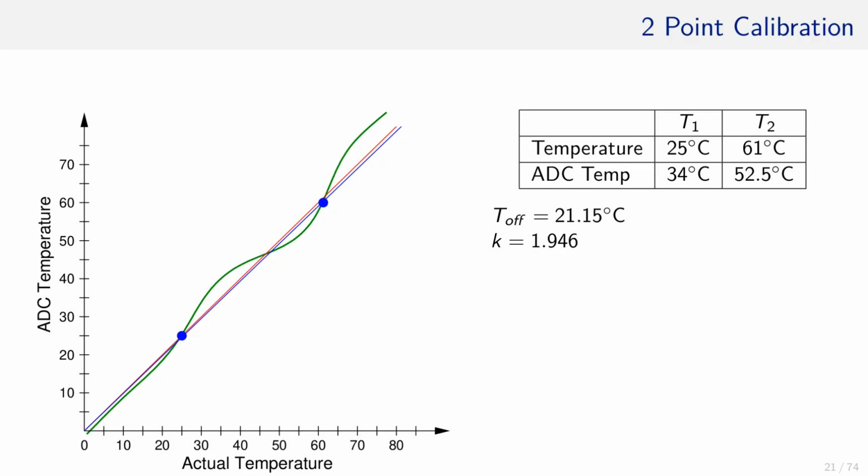Now, the blue line is exactly above the red line. It does not mean that the error of the ADC temperature sensor is 0 by now, but it is much better compared to before. Using T-off and the gain factor, the actual temperature is the measured temperature minus the offset, times the gain factor.